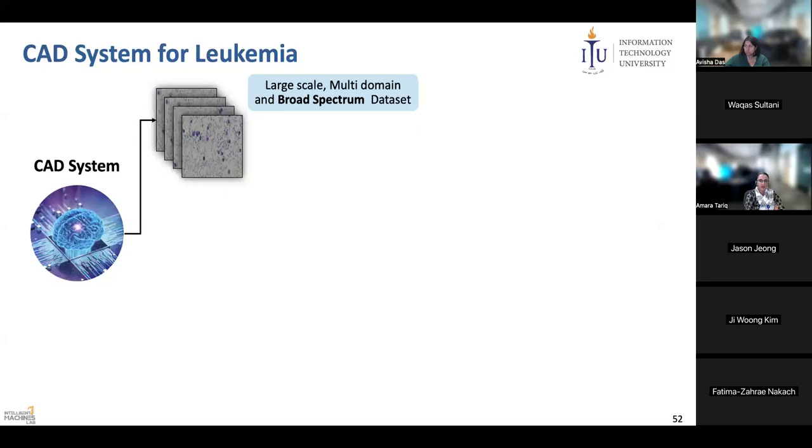But for a computer-aided system to work in a real world situation, it must be trained on a very large dataset, and the dataset should be diverse. It should be captured under different lighting conditions, different resolutions, different microscopes, and different cameras, so that the model trained on it generalizes and works very well.